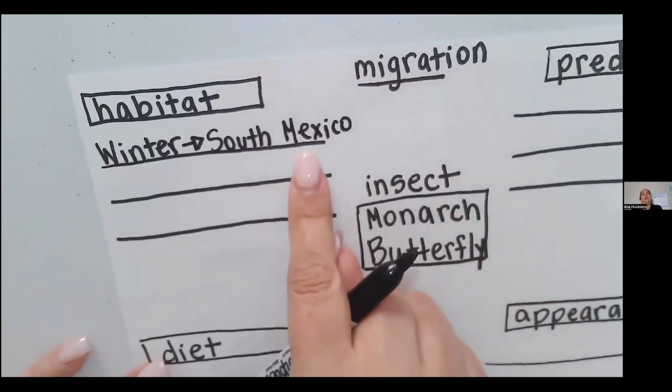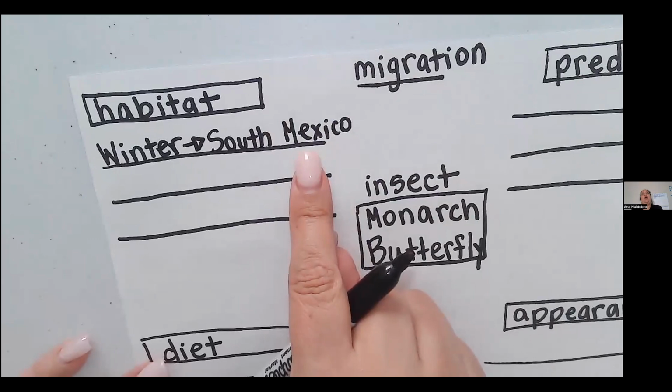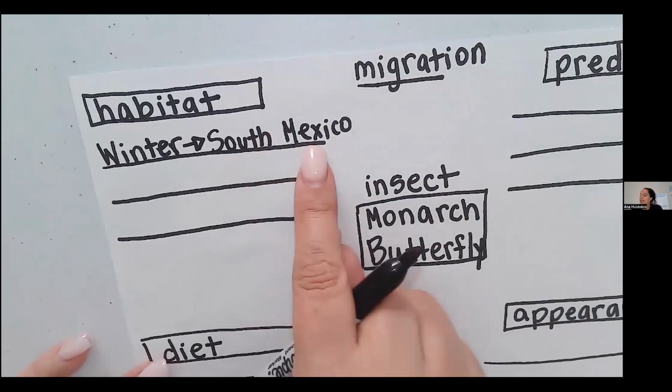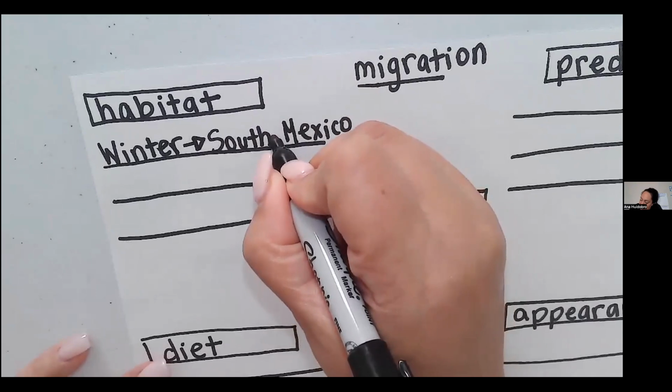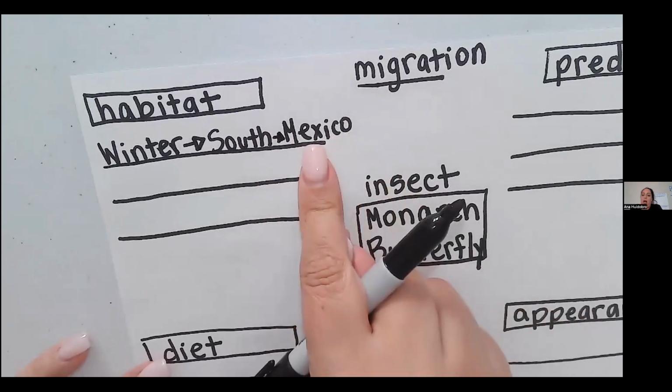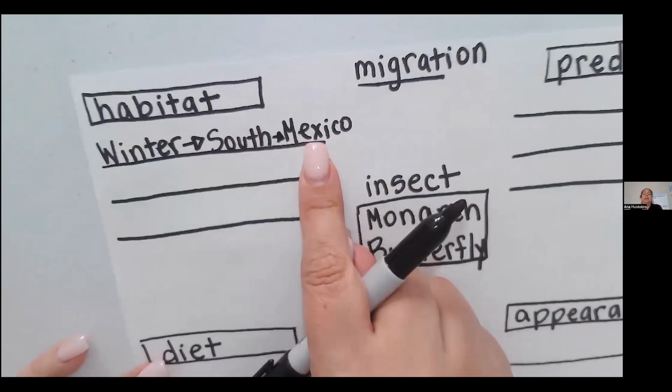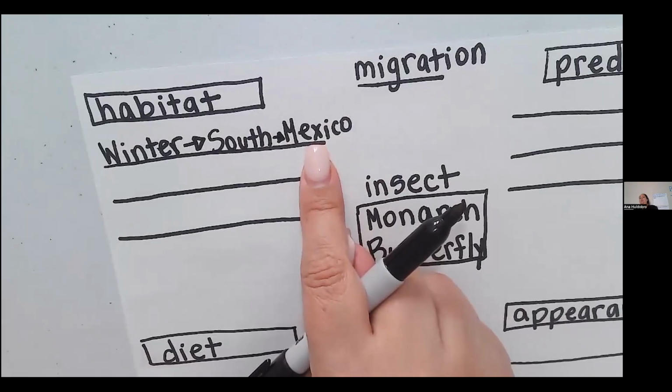Sometimes California, they go to places that are warm. So they'll go to the southern United States and they go south, all the way to Mexico. They don't go further than Mexico. So usually they just go up to Mexico.